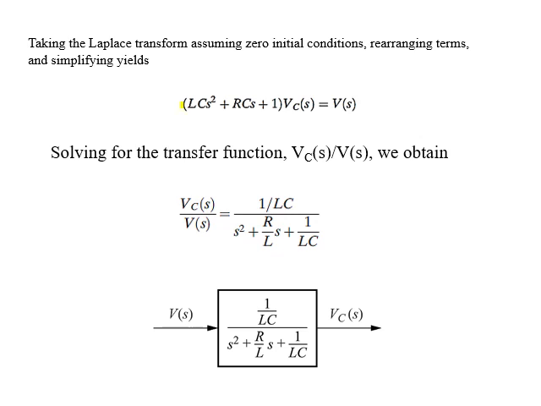By simply taking Vc of s common and using cross multiplication, we can have our desired transfer function Vc of s over V of s. And we can analyze this system using a block diagram representation where input is V of s and output is Vc of s.